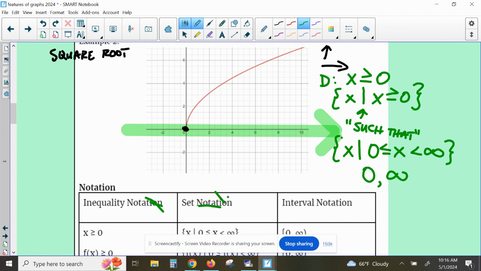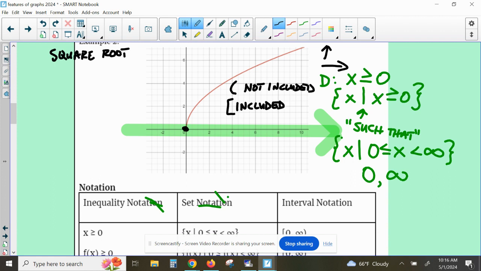And you need to have either round brackets or square brackets around it. So let's put a little note what each of them mean. The round bracket means that it is not included. The square bracket means that it is included.